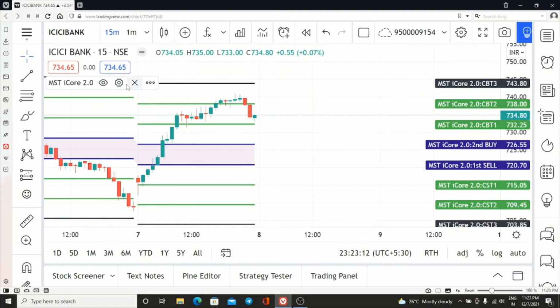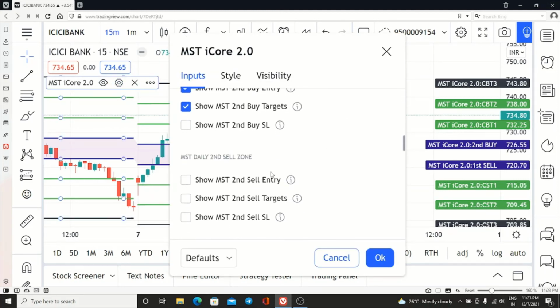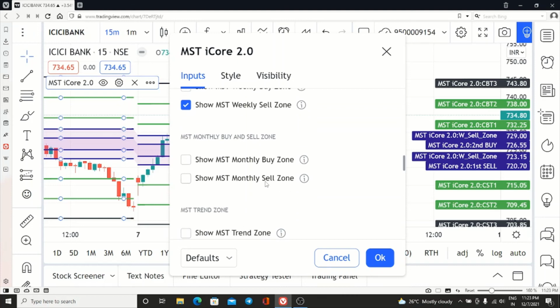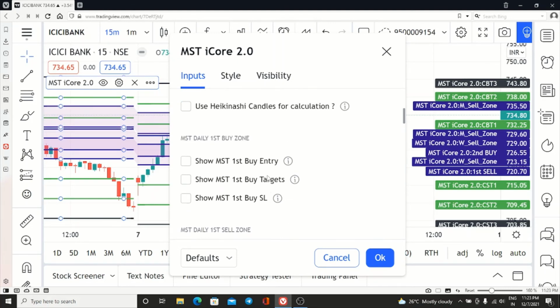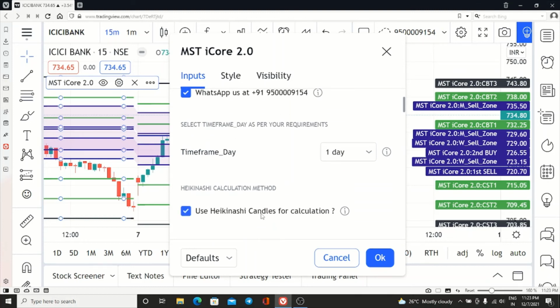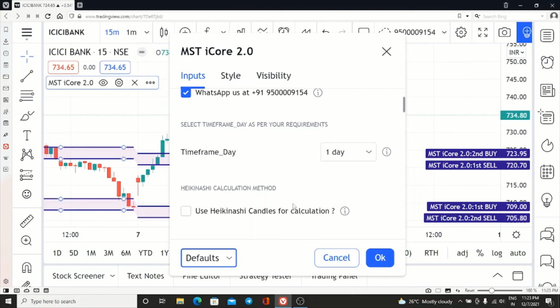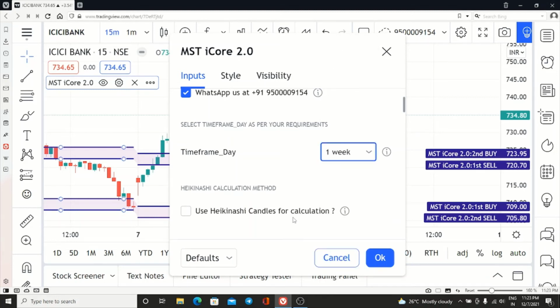So any doubts you can ask in the number given here. And for the reversal point, you can keep weekly, monthly sell zone, with or without Heikin. By default, there is a day time frame without Heikin. Then second opportunity, day time frame with Heikin. Then weekly time frame without Heikin.